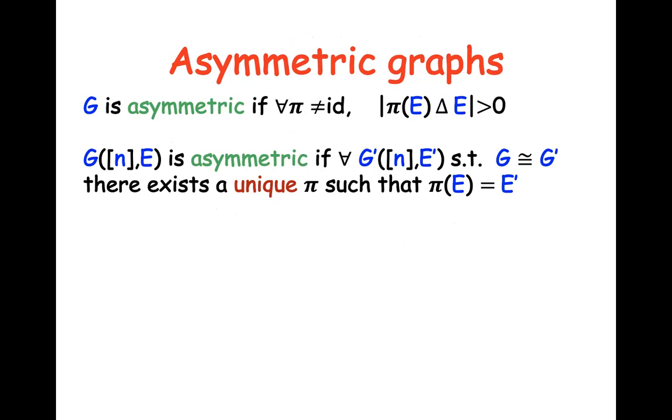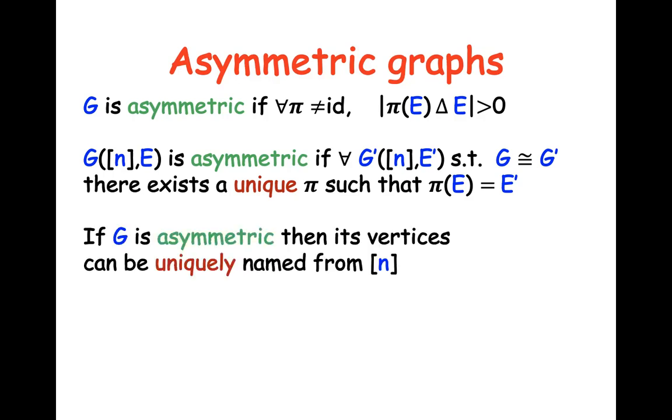Okay, so here are some equivalent definitions. For example, a graph is asymmetric if whenever you get an isomorphic copy of it, again a labeled graph, there's a unique permutation pi that will preserve the edge set, so you can relabel the vertices using pi so as to get the original edge set. An equivalent one is that asymmetric graphs have a unique labeling of their vertices.